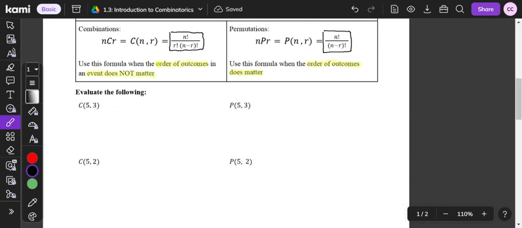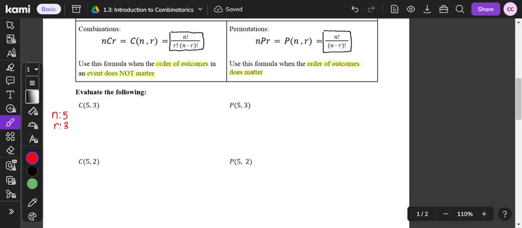In these problems below, we're going to use the formula with actual numbers now. Right here in the top left, I'm going to do the combination C of 5, 3. The first thing I need you to recognize is that the first number is always n, so I can label n as 5. The second number is always r, so I can label r as 3.